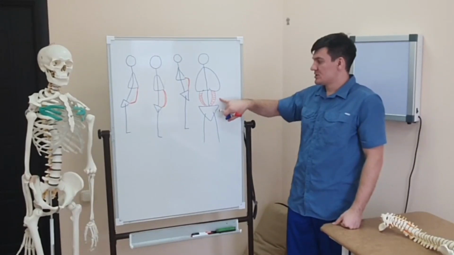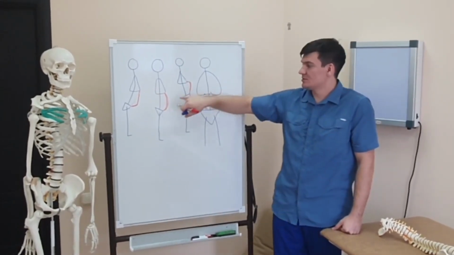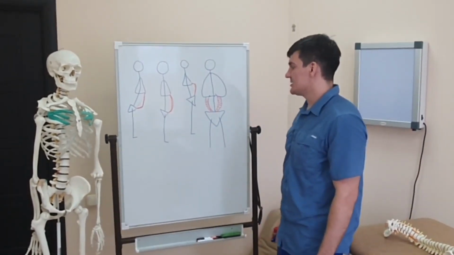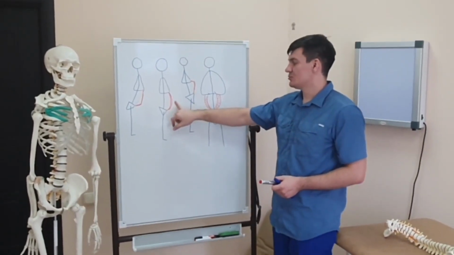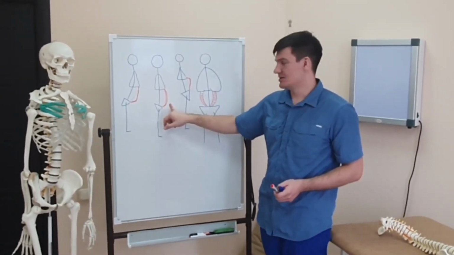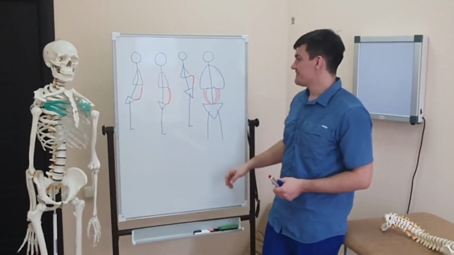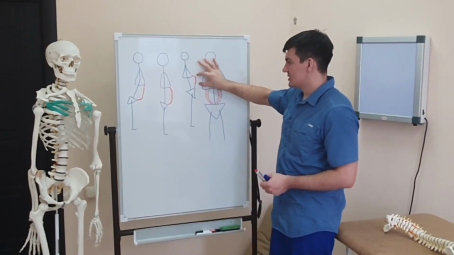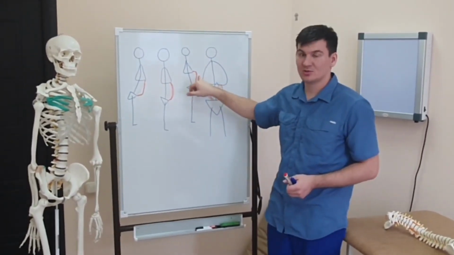When the muscle takes on this shape, it loses its ability to contract fully because it becomes longer than it should be, although its length doesn't really change. And when the muscle contracts, it can no longer return to its original length.